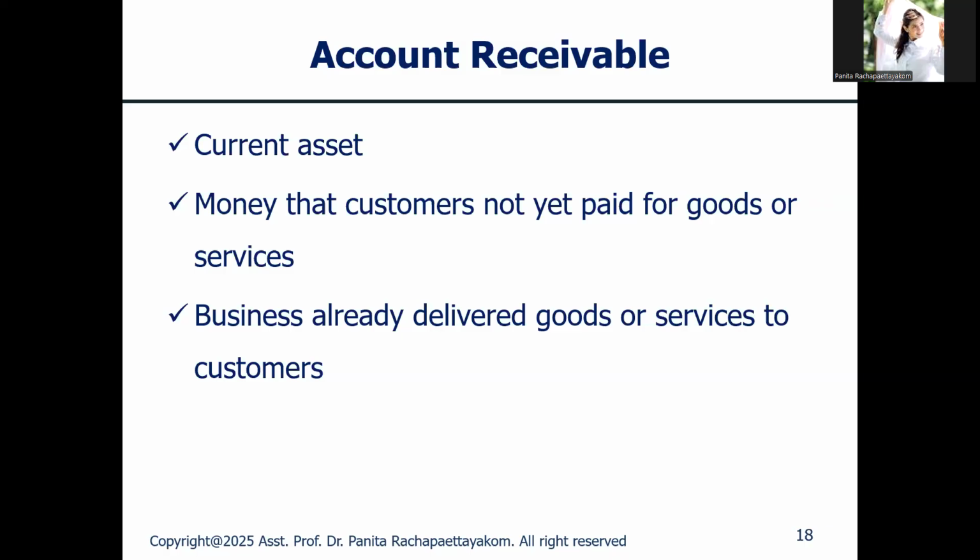Account receivable is a current asset on the balance sheet that represents money that your customer has not yet paid for goods or services. You are the business, the entrepreneur, and you already delivered goods and services to the customer, but the customer has not yet paid you. We call this transaction account receivable.